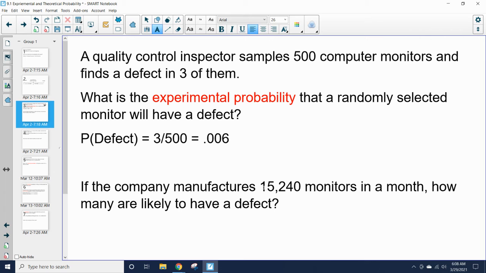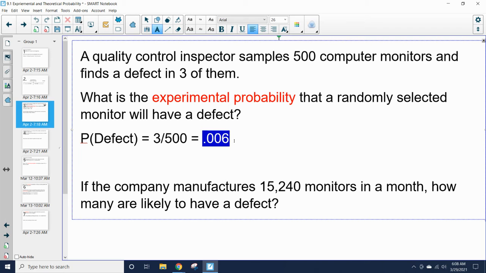Now, if the company manufactures 15,240 monitors in a month, how many are likely to have a defect? Once we have the experimental probability, we can use it to predict future events by calculating that probability and seeing the total number of chances for it to occur. We can multiply those together, and that will give us our predictive probability.